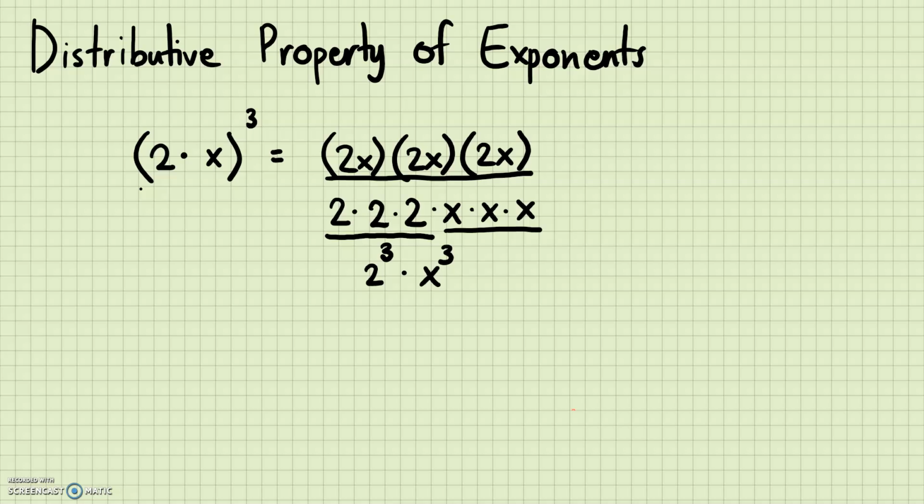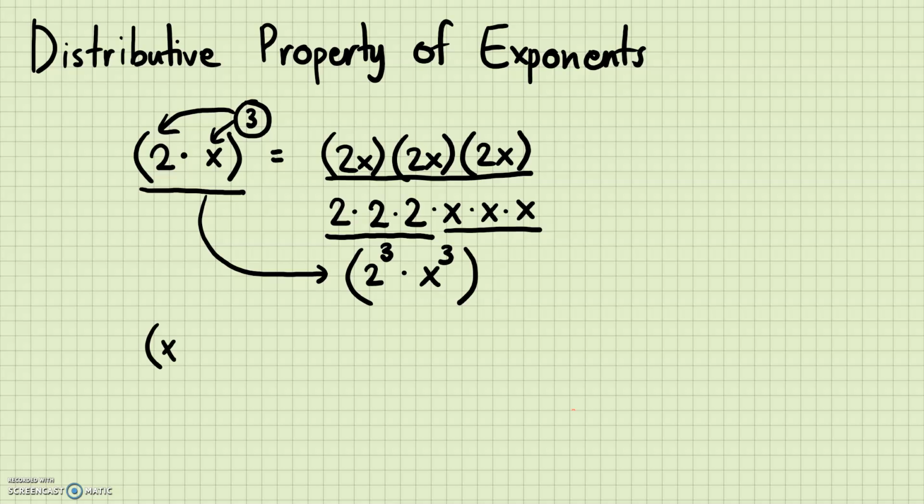Now, if you look at our original question, 2 times x raised to the third power, this now became 2 cubed times x cubed. So the exponent of 3 was distributed to all of the terms inside that were being multiplied. And we can see that this is true for other terms as well.